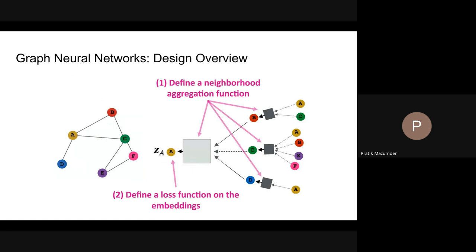Okay, so this is generally the overview of your network. You will need to find a way to aggregate the neighborhood information, which we do through our neural network. We can define the neural networks in different ways. You can add 2-3 layers, maybe 1 or 2 layers, and change the intermediate size and all. Okay, you also need to define a loss function for your final set of embeddings, based on your task, obviously.